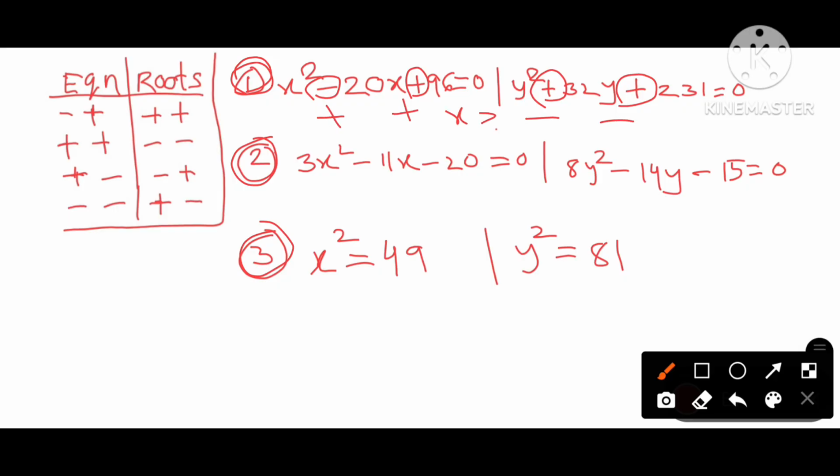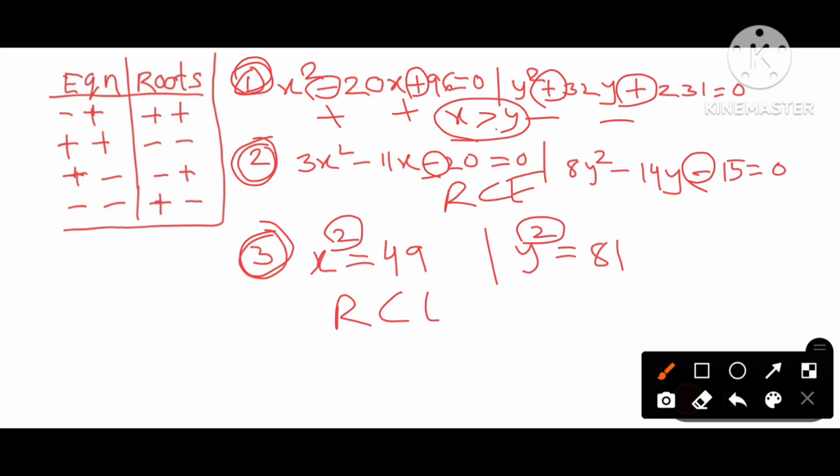So x is greater than y. It takes only 2 seconds. Next, the second equation takes only 1 second. By seeing the negative symbol at the end, the answer will be relationship cannot be established. Third question, if we see a square on both equations, then the answer will be relationship cannot be established. These three models only take 2 seconds to answer the question.